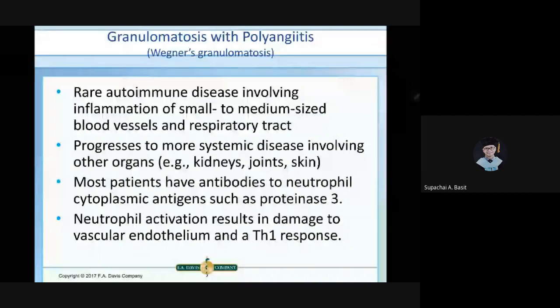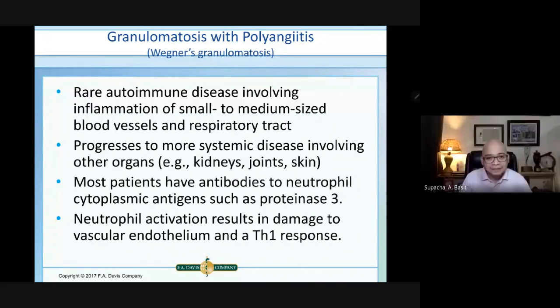This time, let's talk about granulomatosis with polyangiitis, otherwise known as Wegener's granulomatosis. It's a very rare autoimmune disease involving the inflammation of small to medium-sized blood vessels and respiratory tract.